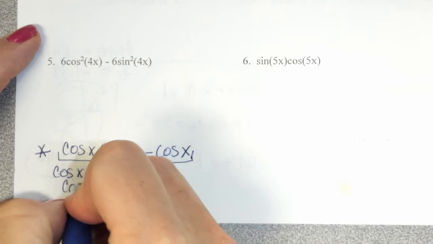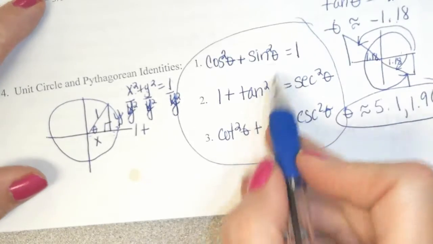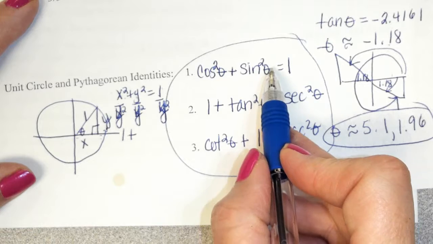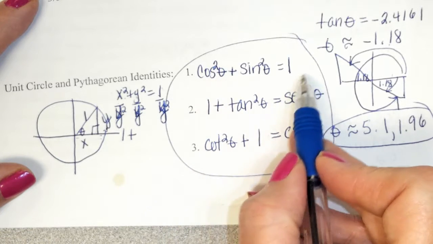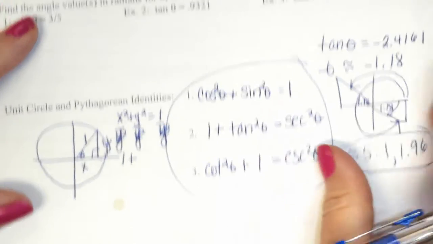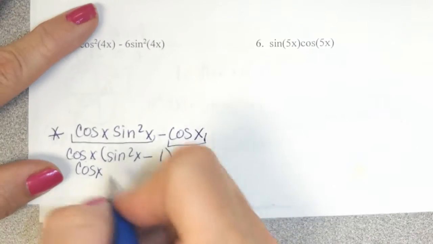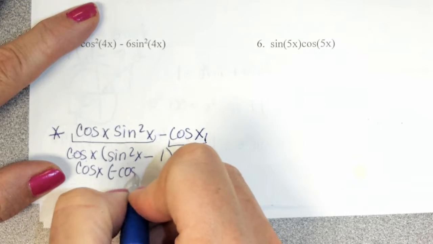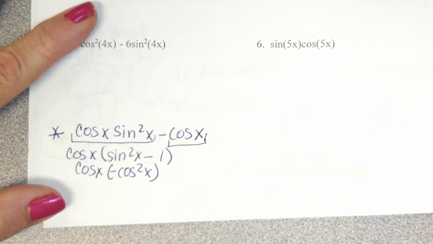So I've got cosine x. I need to know what would sine squared minus 1 be the same as? Be careful, is it cosine squared? It'd be negative cosine squared, wouldn't it? So I can replace sine squared minus 1 with negative cosine squared x.